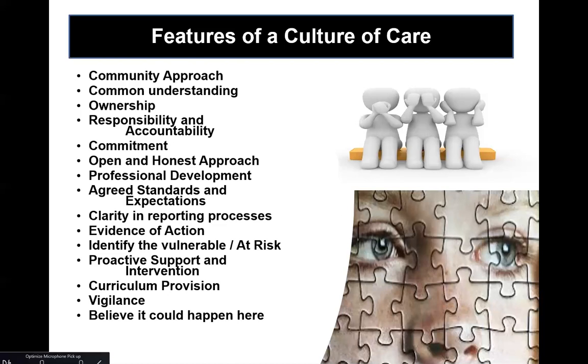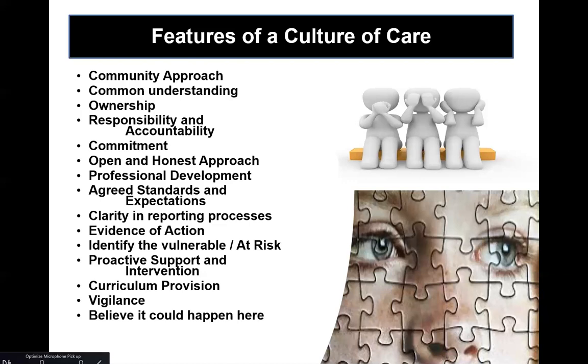We also need to ensure that children understand what we mean by safeguarding and child protection, and what we know is that children need to understand how to keep themselves safe, how to recognize risk, and how to take risks appropriately. That doesn't mean to say that the responsibility of keeping themselves safe lies with children. We have that responsibility, but children need to be able to recognize risk and seek help appropriately.